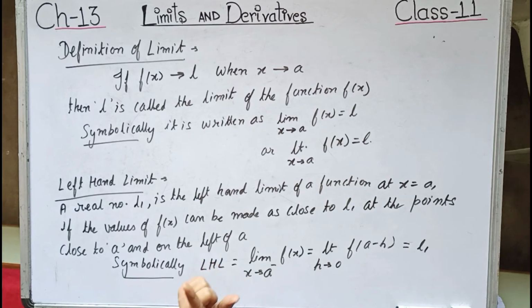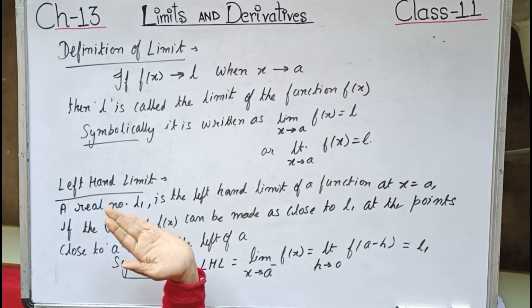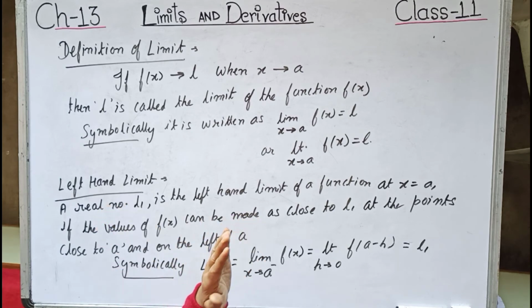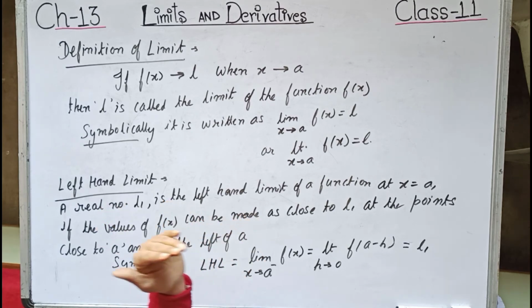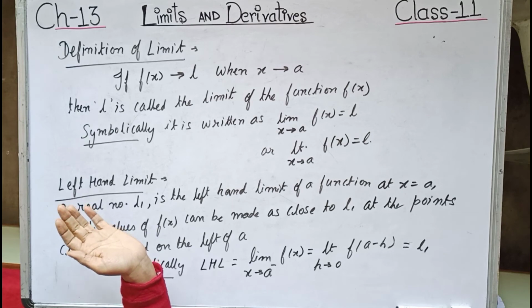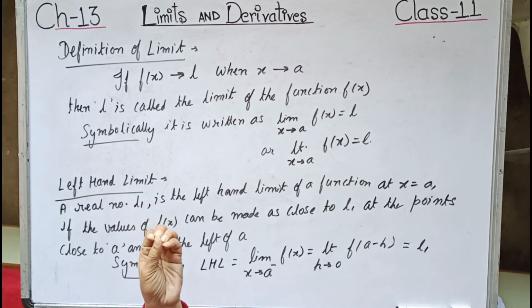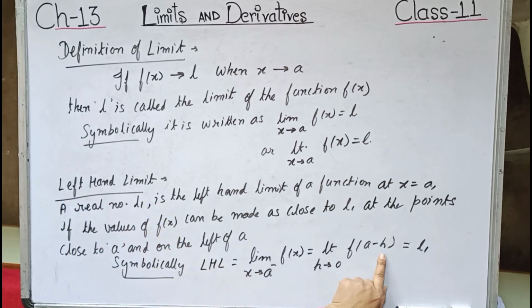If it is limit x tending to 2, for the left hand limit we were taking values just closer to 2 but a bit smaller than 2. That bit smaller is h only over here. It is so small that we can write h tending to 0. Okay, so h tends to 0, that much difference we can take. So equals limit h tending to 0 f(a minus h) equals L1.